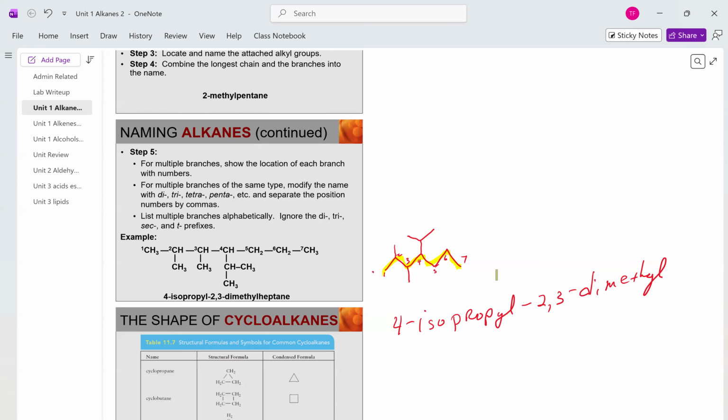It could be on the same carbon, like 2,2 or 3,3, but you've got to have 2 numbers that go with the di. Okay, and then it's a heptane. So: branches, backbone, functional group. Okay, so that's where we left off Monday.